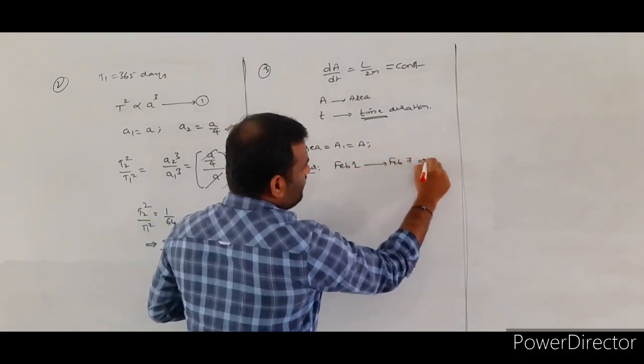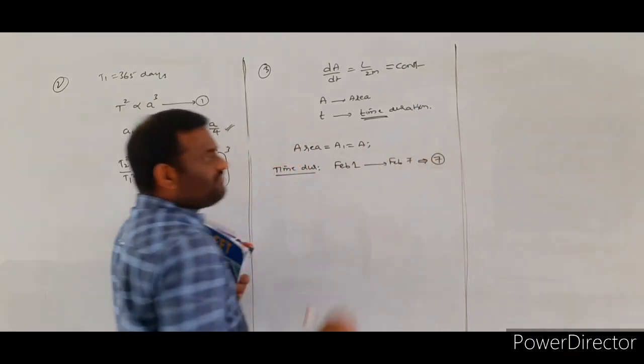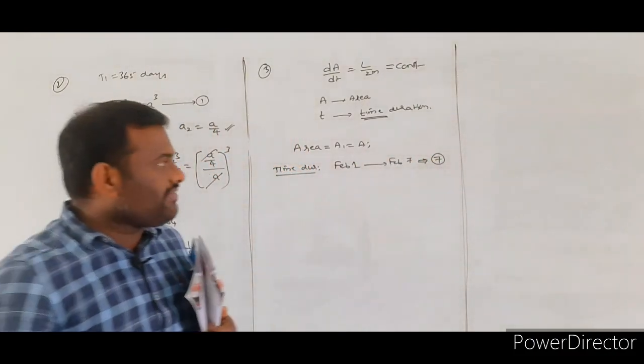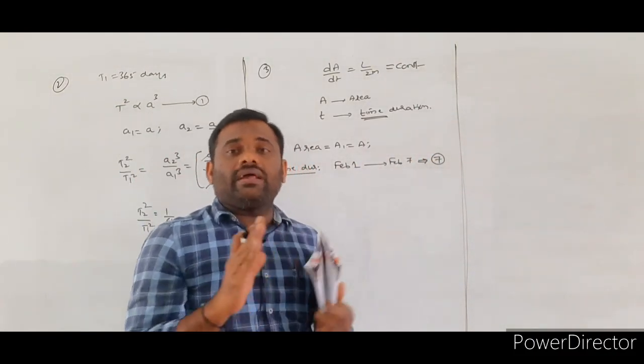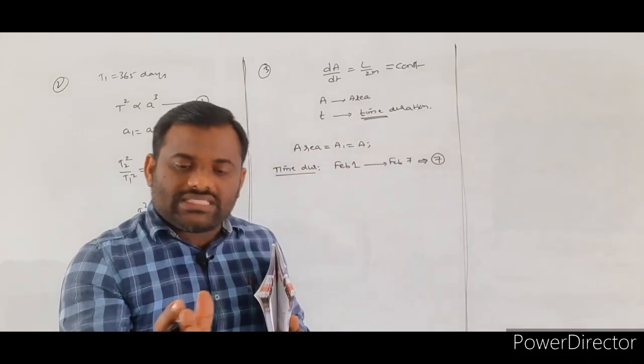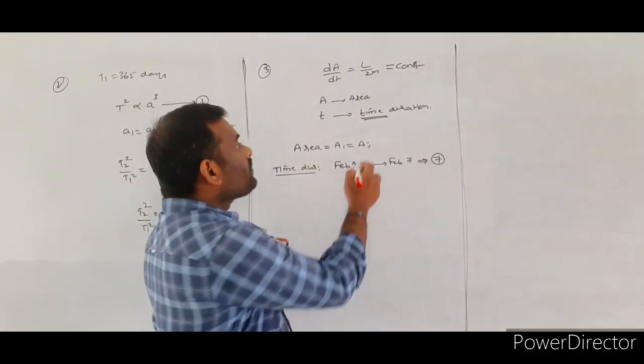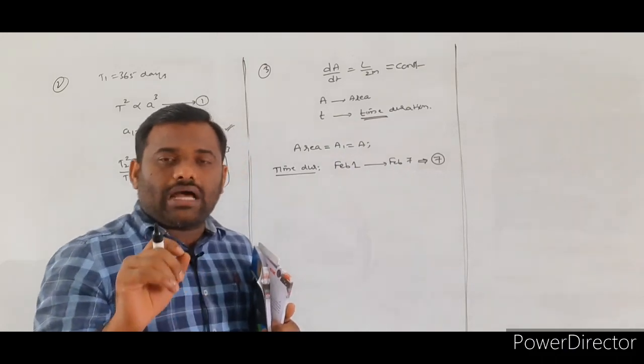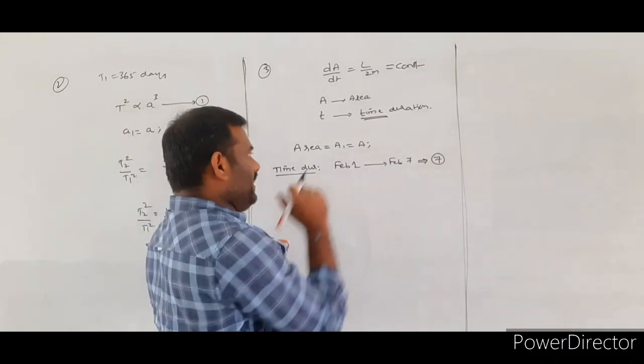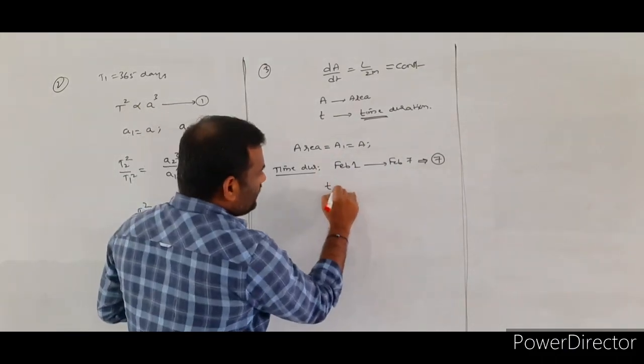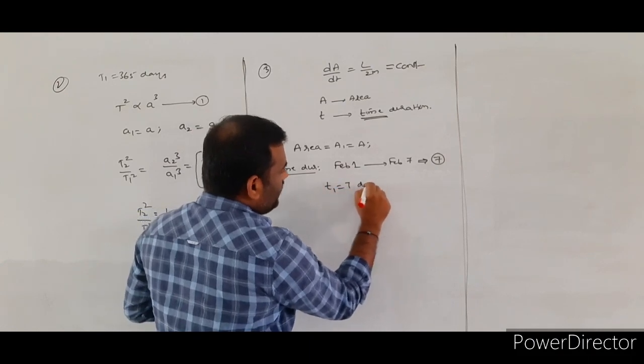That means 7 days. In 7 days, the radius vector sweeps the area A. Therefore, I am taking T1 is equal to 7 days.